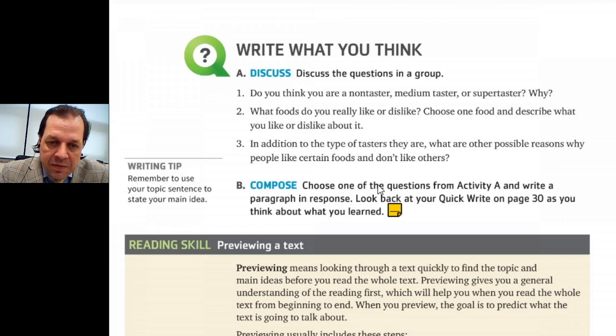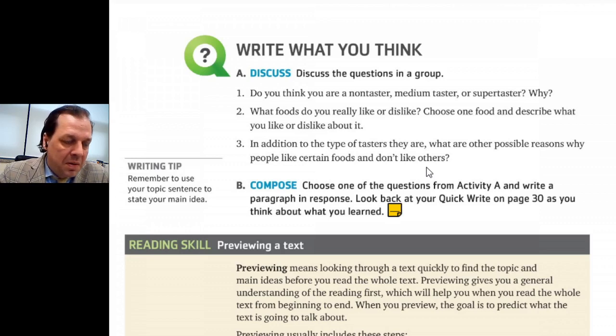Second question, pretty straightforward. These are all opinion questions. In addition to the type of tasters they are, what are other possible reasons why people like certain foods and don't like others? Well, as for one example, you might think of a food that you don't like because you were forced to eat it as a child all the time when you were hungry for something else.